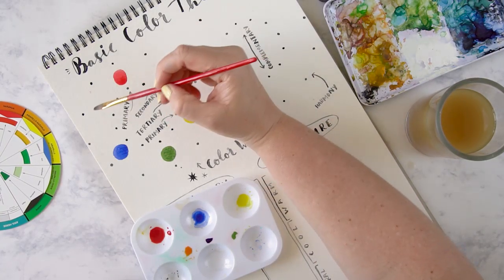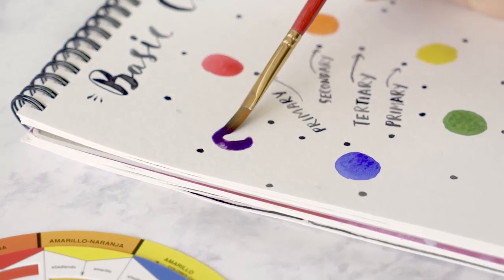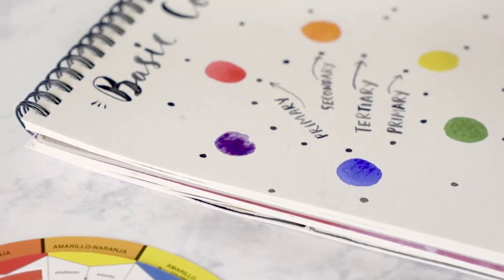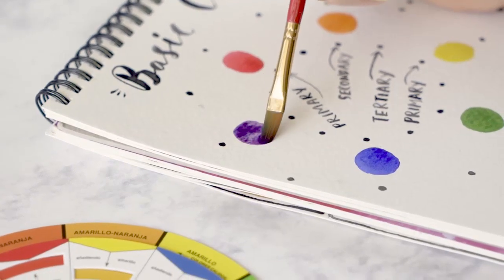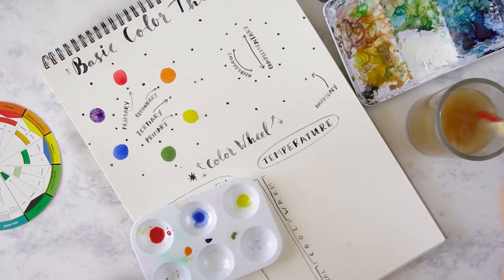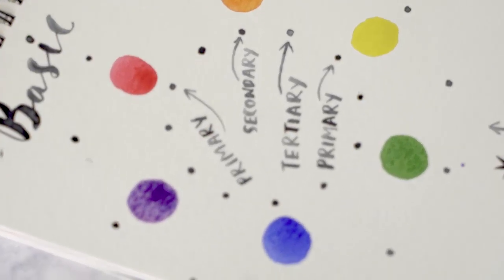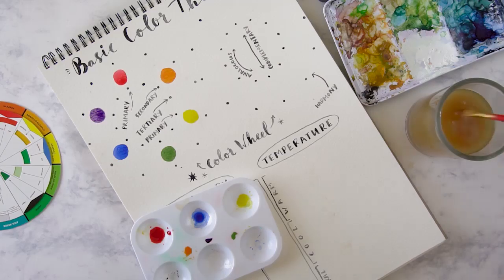There we go. So here for the secondary colors, I tried to get a really equal mix of each primary color. So as you can see now from these 3 colors, now I have 6 colors, and we can keep mixing and mixing and mixing until we eventually get almost every single color.